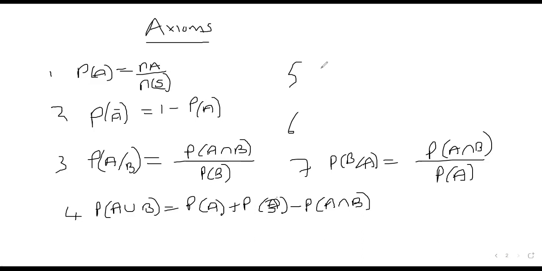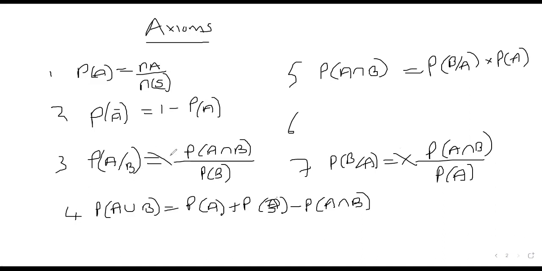Then we can also have the probability of A intersection B by multiplying probability of A by B given A, just cross multiplying this one here. B given A multiplied by A, you get the intersection of A, B. Also to cross multiply this part here, A given B times B, it will give you the probability of what?